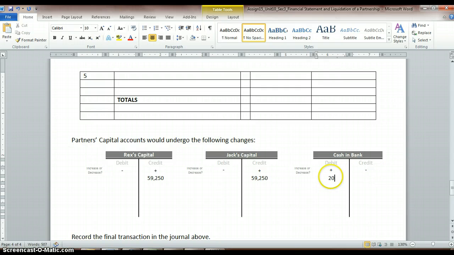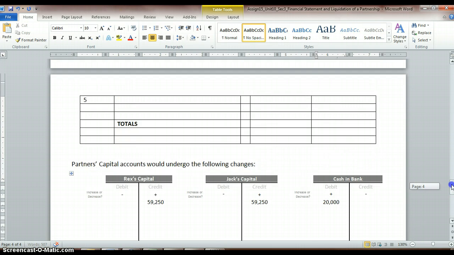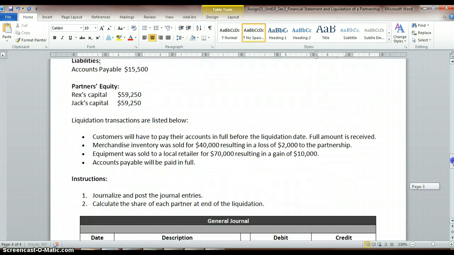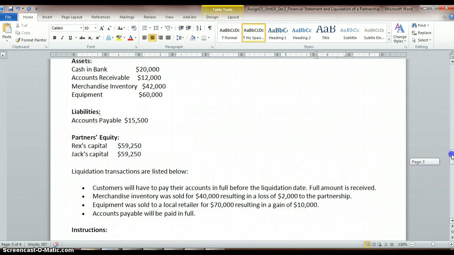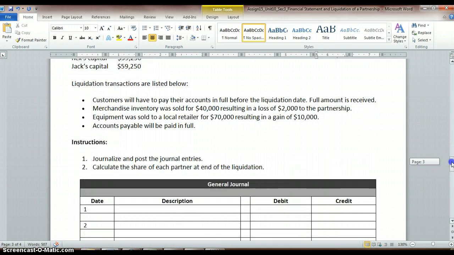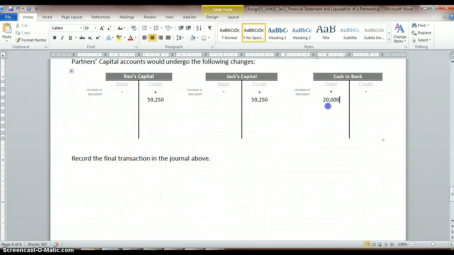And then our cash in bank had a balance of $20,000 when we started. Then as you go through these transactions, you'll have to also record how this is affecting each of those accounts. So with this first one, customers paid off their accounts receivable in full. So that was $12,000 worth of cash that we should be increasing.